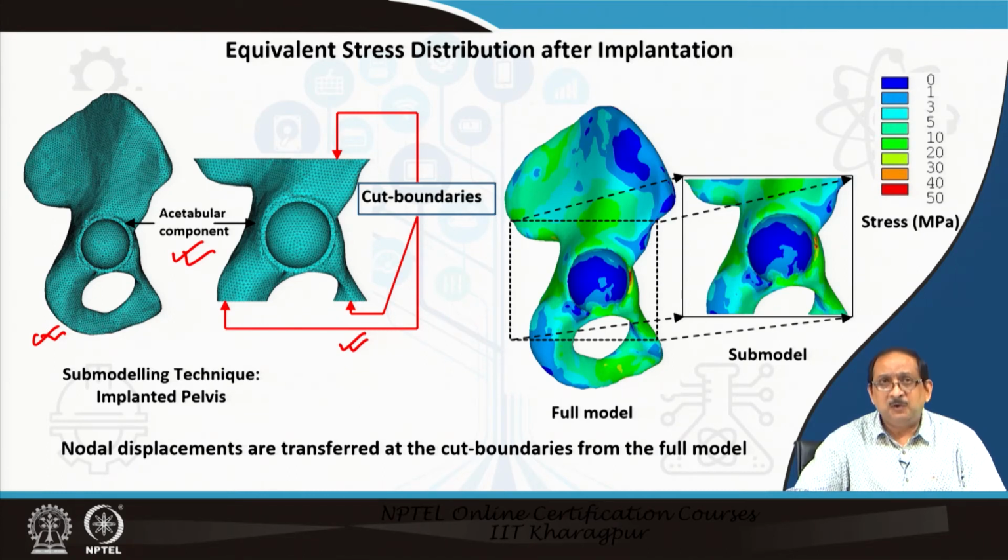Now, we will be employing the sub-modeling technique to focus our investigation in and around the domain of inclusion of the prosthesis. The objective of developing a submodel in an implanted acetabulum with a finer mesh around the prosthesis is to focus our investigation in the domain of inclusion of the prosthesis.